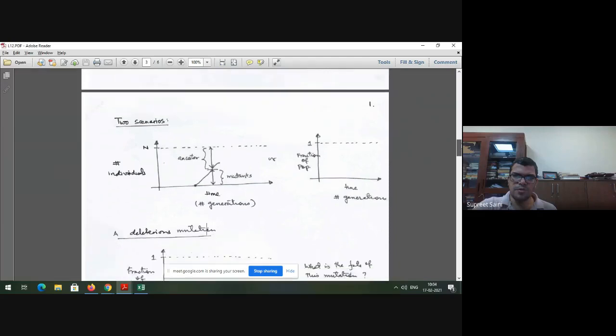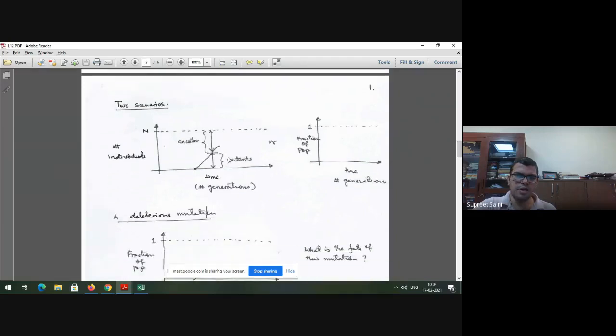So imagine this. Let me show two ways of representing this. This is time. Time could be real time or number of generations, and the y-axis is the number of individuals. At the start of my experiment, there were n individuals, all genetically identical, and this keeps on going till the first mutant arises.